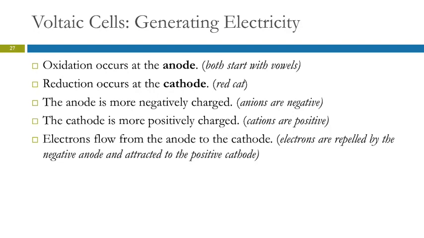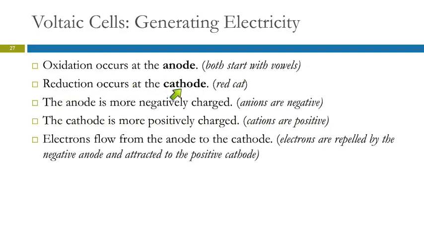Okay, so here are some of the words we've been using and some little hints to help us remember the associations between them. So oxidation occurs at the anode. Reduction occurs at the cathode. That can be kind of hard to remember. So oxidation and anode both start with vowels. Those two words go together, oxidation and anode.